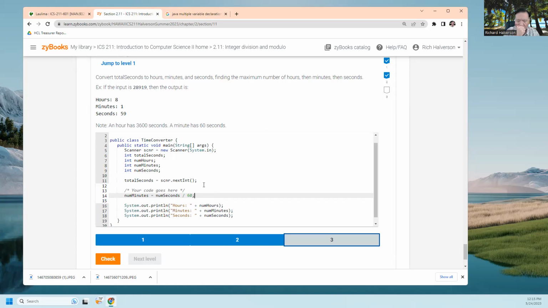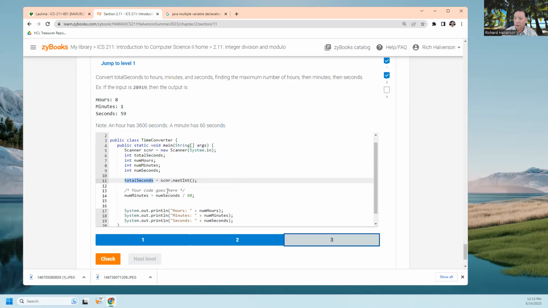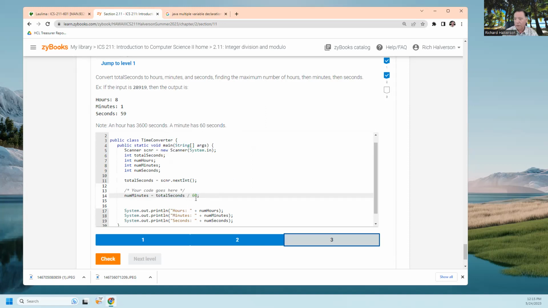Okay, and the number of seconds left over is, no, this is total seconds. Total seconds divided by 60. That's the total number of minutes.